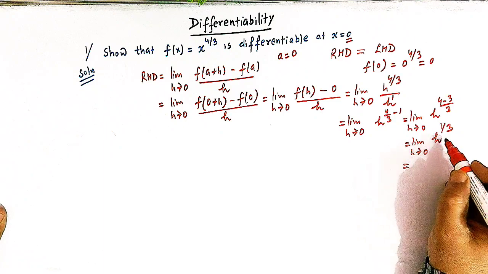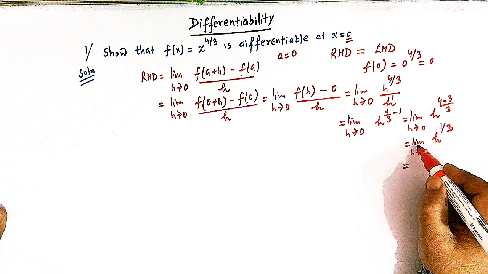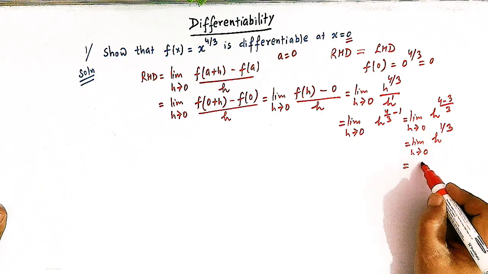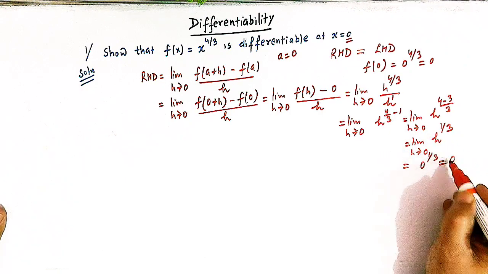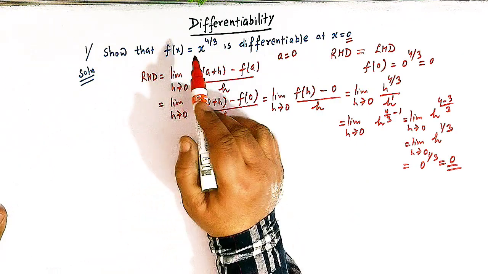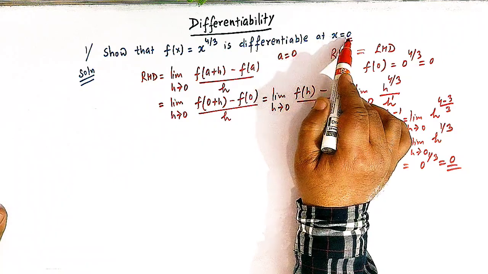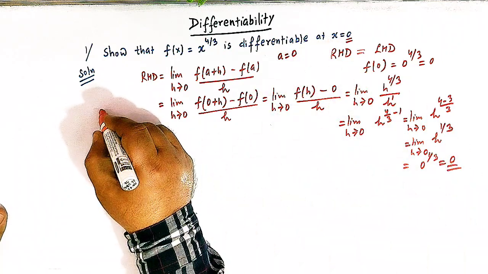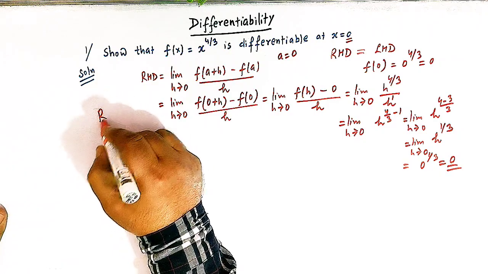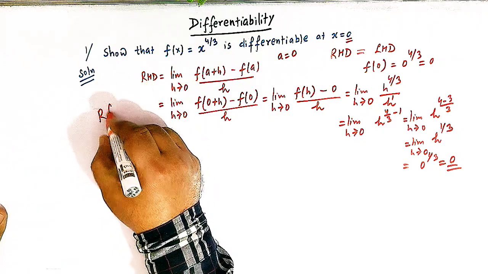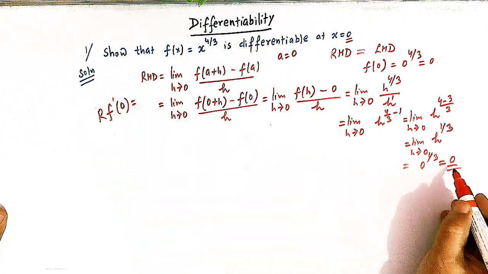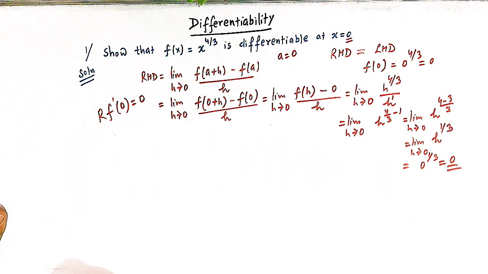Now taking h equal to 0, we have 0 raised to 1 over 3, that is equal to 0. So the right hand derivative of this function at x equal to 0 is 0. We can also write it as R f prime of 0 is equal to 0.